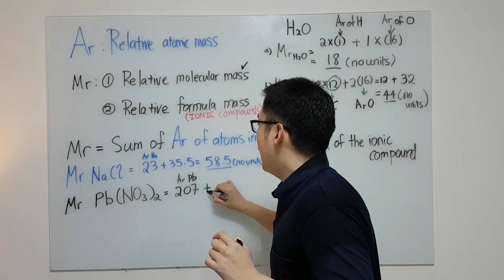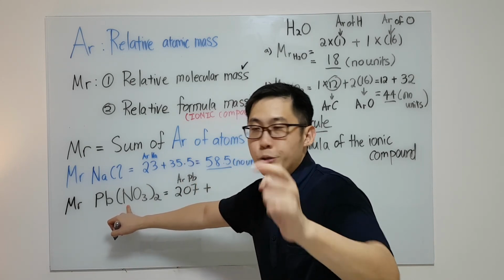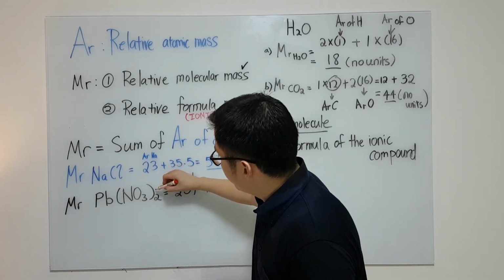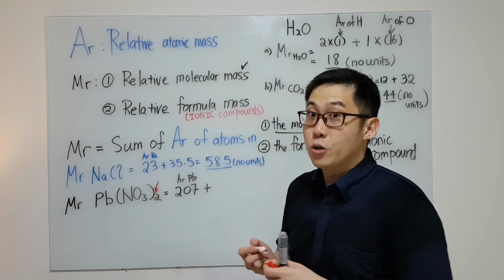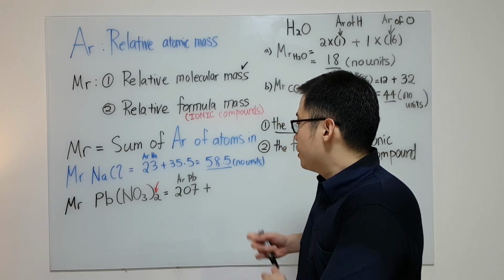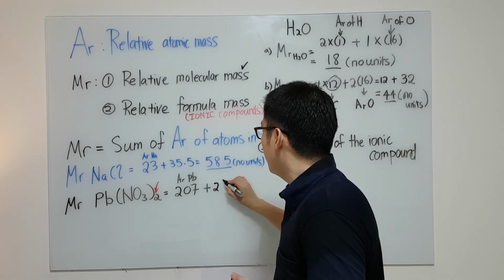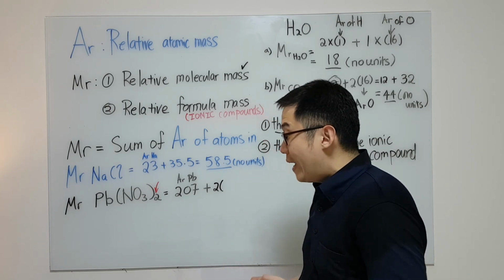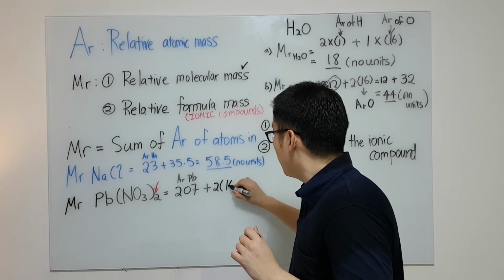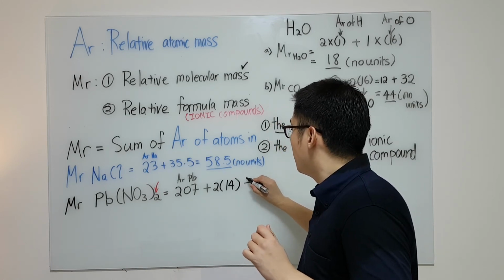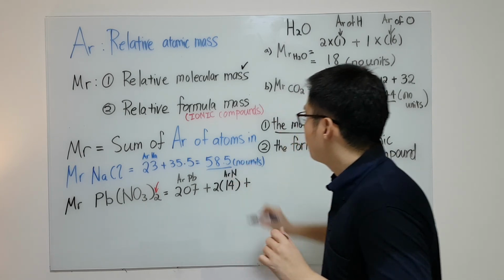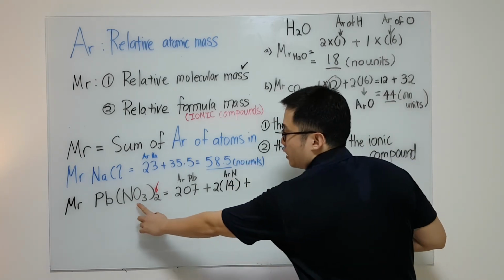And in this case here, nitrogen. But with this nitrogen, students, you have to remember there's actually a 2 outside the bracket. So as a result of this, you need to times 2. So that becomes 2 times your nitrogen, and nitrogen from your periodic table has a relative atomic mass of 14. And next is oxygen.